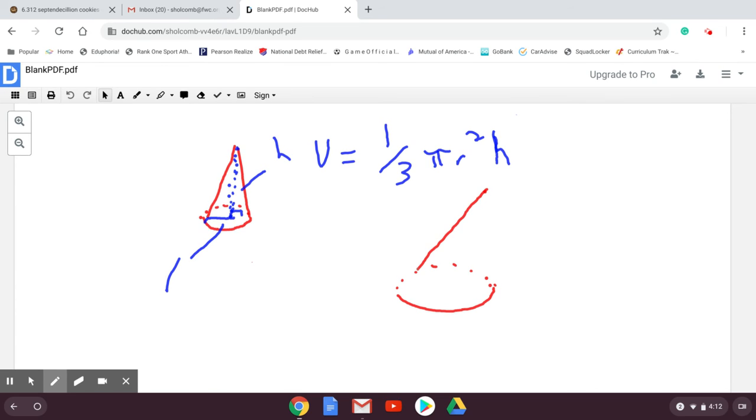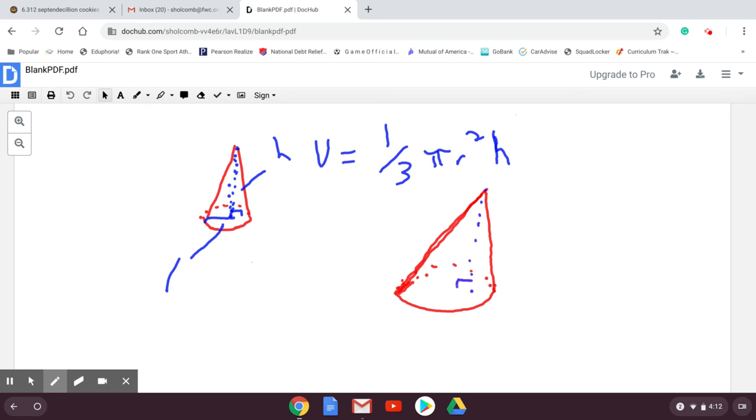So here's an example of an oblique cone. You can kind of see it's a little bit at the side. Let's see if I can get that to go a little bit further out. Well, look at what happens with the height in that circumstance. The height is going to be still at a right angle to the base, but it gets pulled out of the center. And so you'd have to just watch to see where that is.